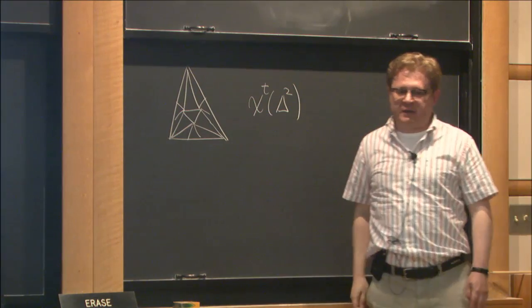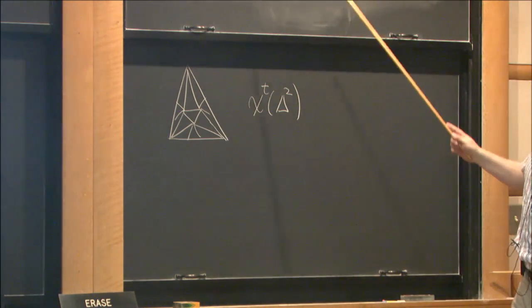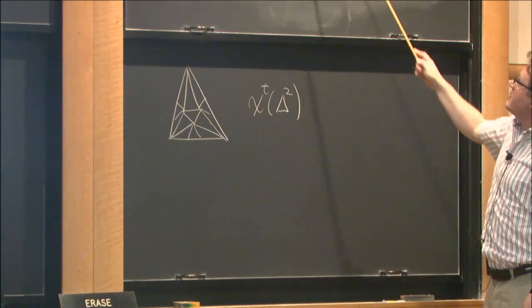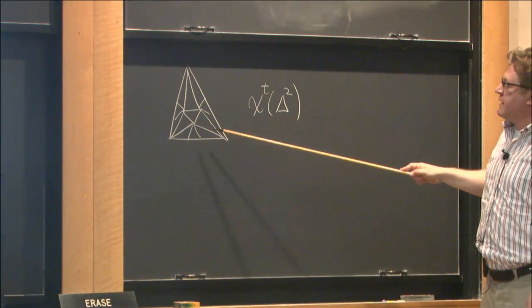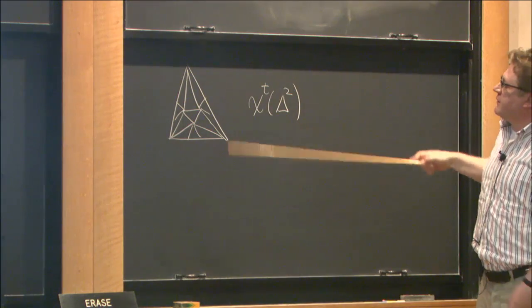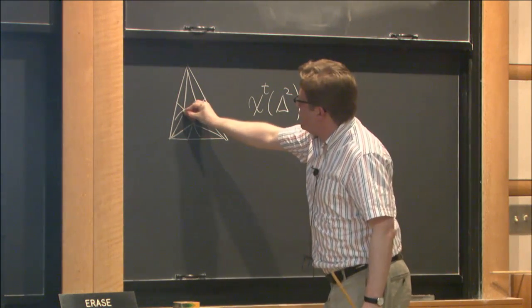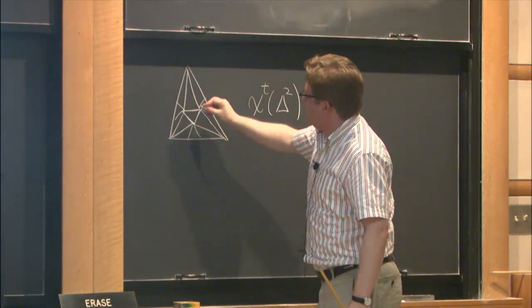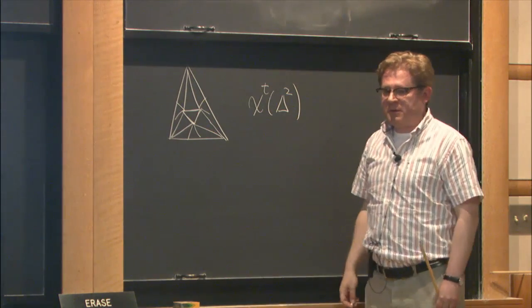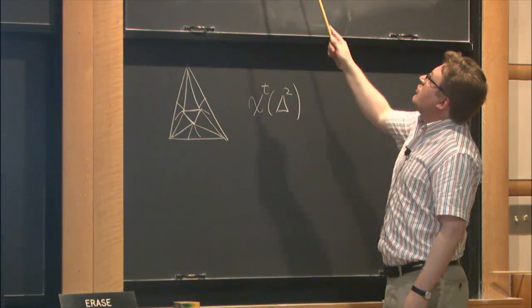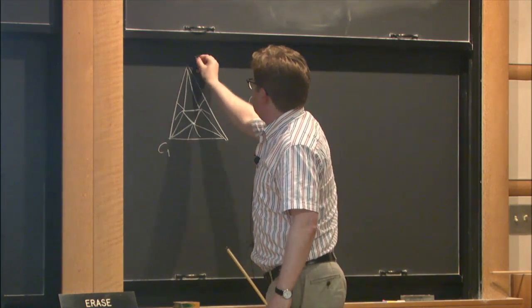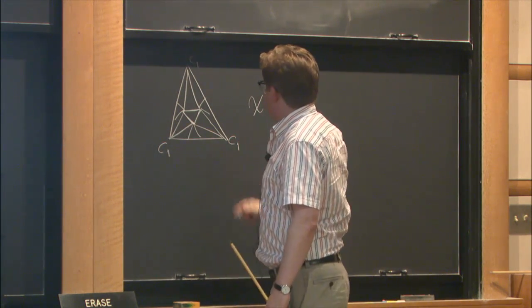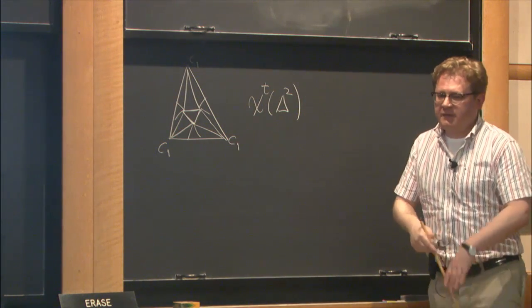Now I want to do the same as above. I'm asking, can I put the names, the colors, on the vertices here so that this condition is satisfied? Any triangle will have 3 different colors. The condition on the ends is also satisfied, so I have the same color on the ends.